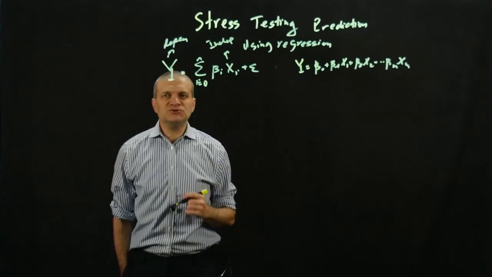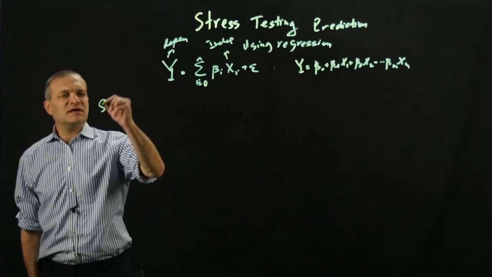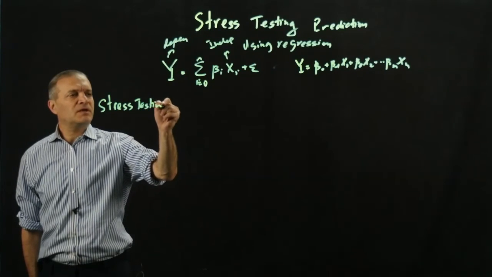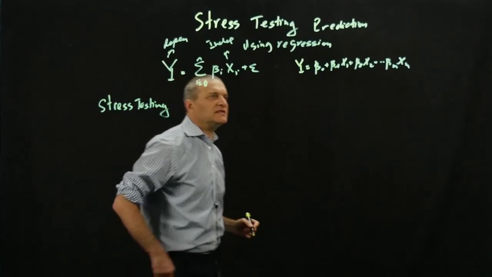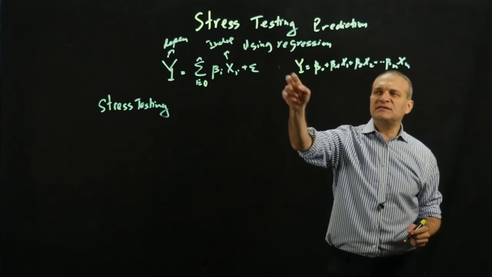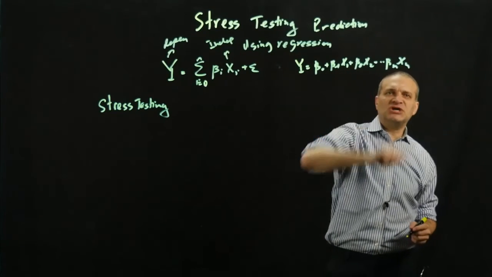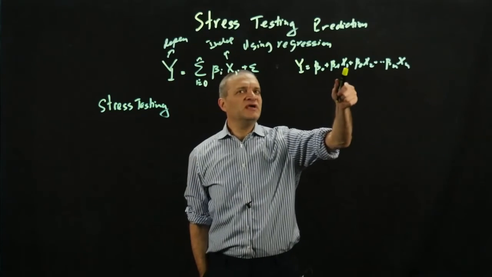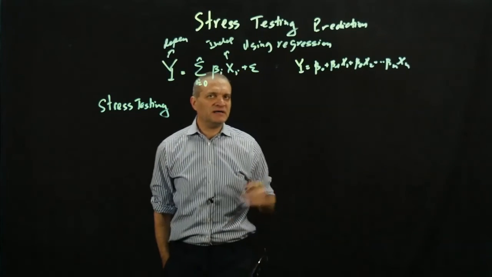So now I want to talk about stress testing, and investigate the sensitivity of y: delta y, the changes in y versus the changes in x. Let's say by how much y will move if the x's change by a certain amount.